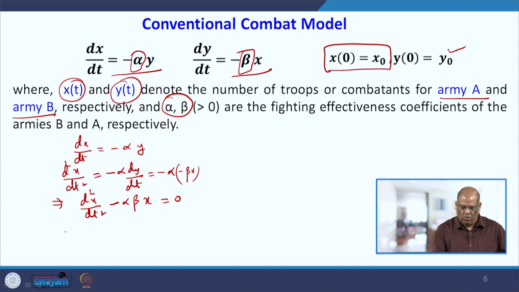And as you know, this is a second order homogeneous differential equation, and you take x equal to some a e to the power mt to be the trial solution.